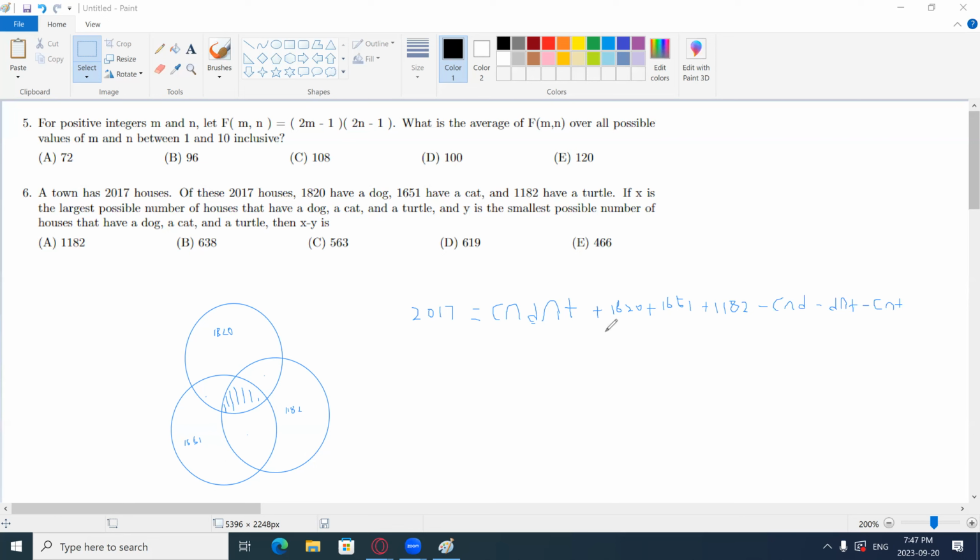So how do we reach the maximum and the minimum of the number here?